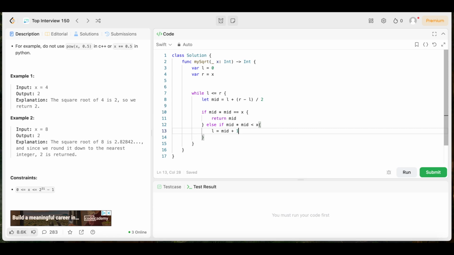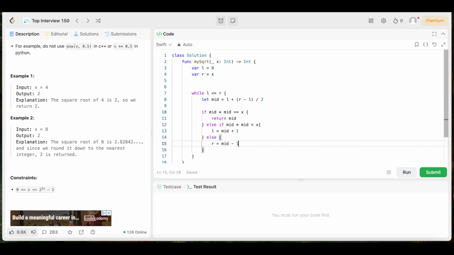So we're moving to the right. Else, if mid squared is greater than x, then we need to move R to the left, to mid minus 1, and search the left half. So we can say else, open up the brackets, R equals mid minus 1. We need to decrement that way.